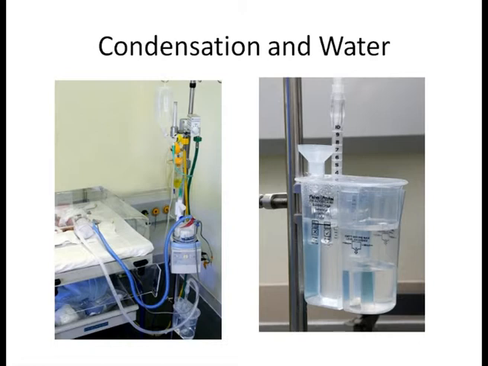So this condensation can be avoided by ensuring that the room temperature is not too cold, the heater wire in the inspiratory limb is working, and also ensuring that the flow of gas is not inadvertently high in the inspiratory limb.